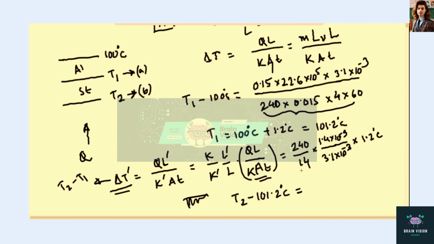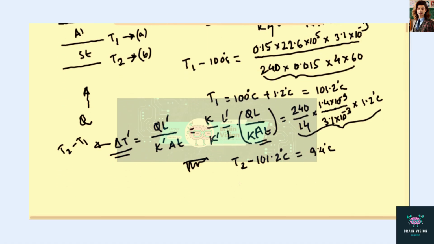This comes out to be delta T prime equals 9.4 degrees centigrade. So we find that the temperature of the heating block T2 is 101.2 degrees centigrade plus 9.4 degrees centigrade, and that comes out to be 110.6 degrees centigrade.